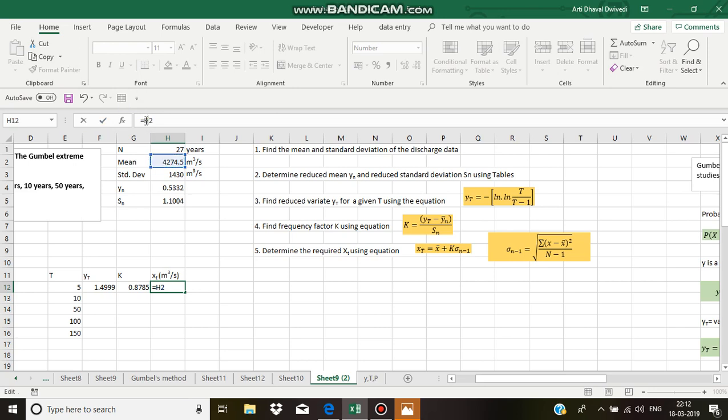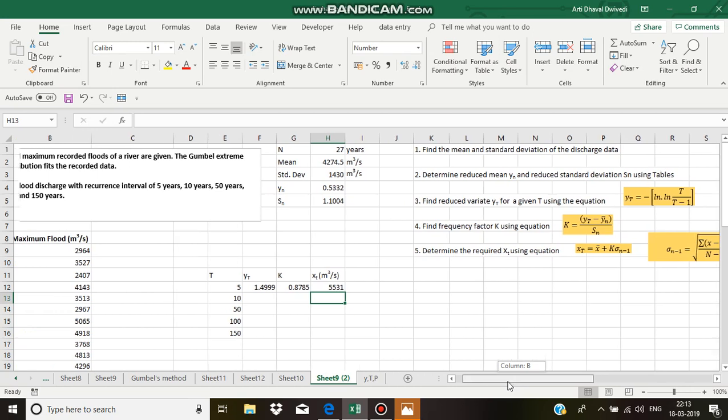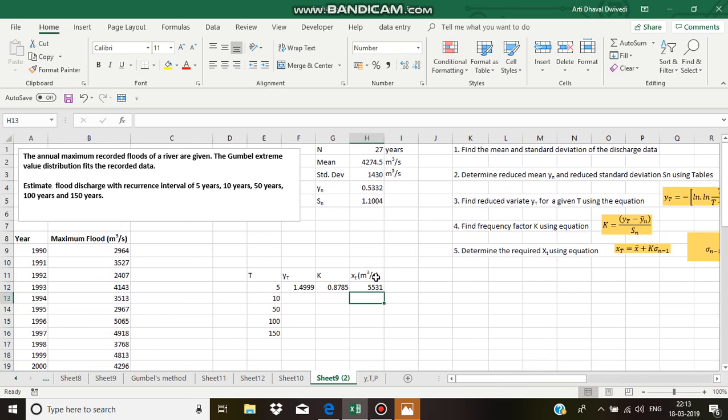I'll anchor this cell, plus k, frequency factor k, multiplied by standard deviation, 1430. Okay, so the value of maximum flood has been obtained. It is 5531 meter cube per second.